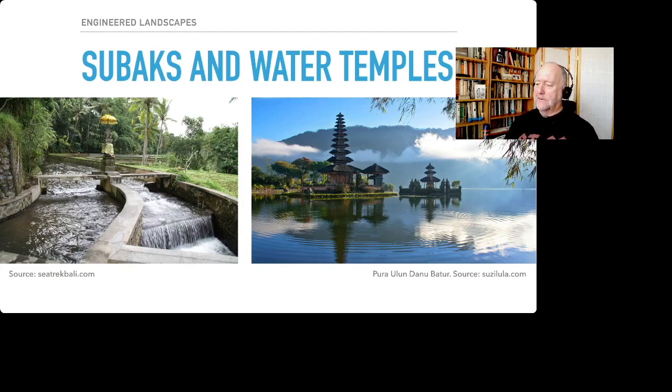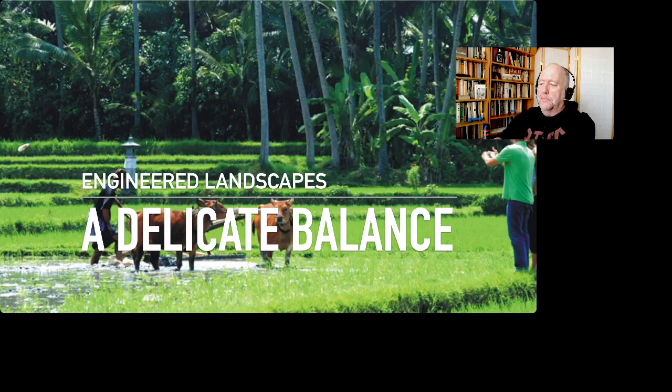Now this means that they established what has been called a delicate balance of water use and agriculture. And they did it without fully understanding the ways in which this occurs.